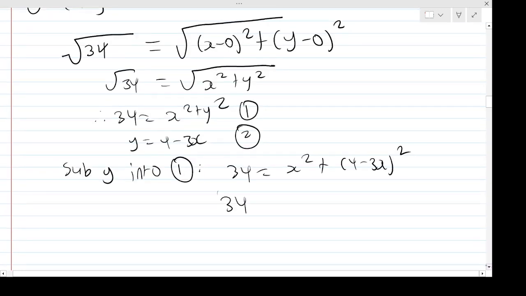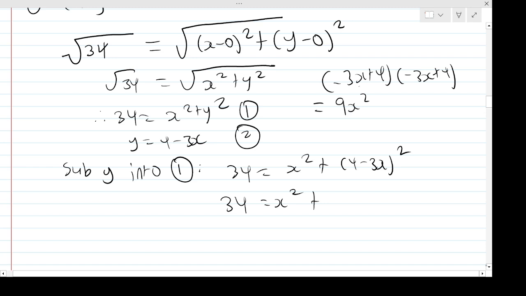Then I'm going to expand this bracket, and I'll do that here actually. I'm going to rearrange it the other way around, minus 3x plus 4, minus 3x plus 4. Expanding that bracket, minus 3x times minus 3x is positive 9x squared.